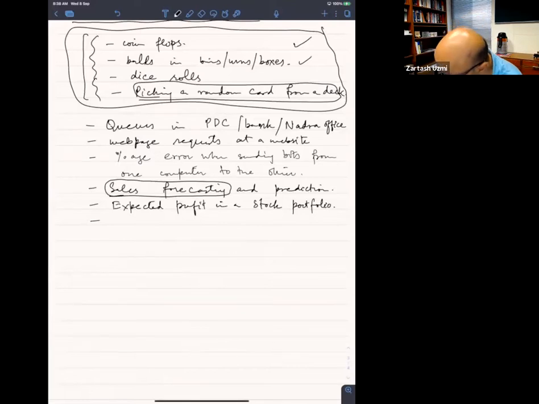Similarly, the likelihood of an accident, or the probability of an accident. How many car accidents happen?